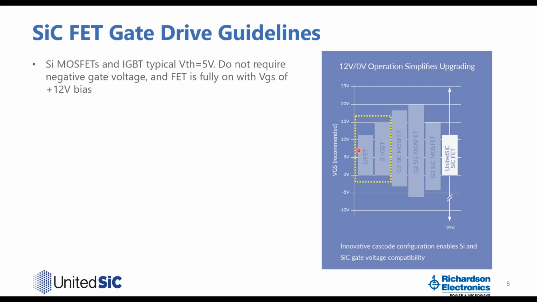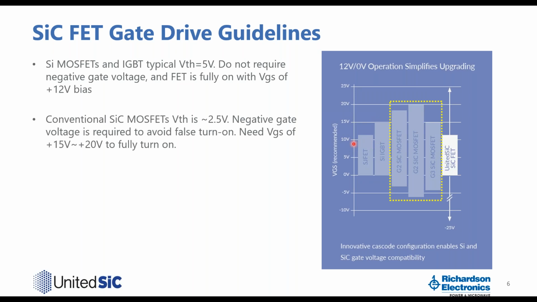So here is the figure comparing the silicon and the silicon carbide gate drive. For the silicon MOSFET and IGBT, because their typical threshold is about 5 volts, usually they do not require negative gate drive, so you can drive it from 0 volts for turn off. And the FET is usually fully on with VGS of about plus 12 volts.